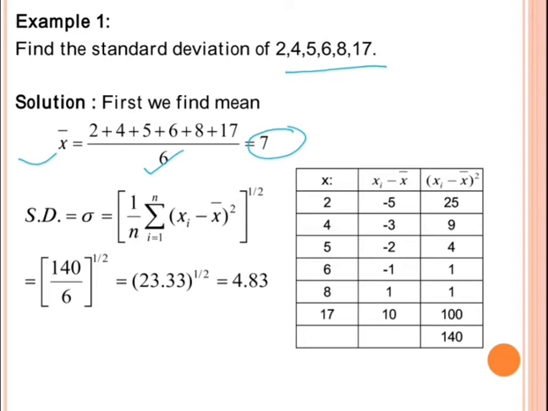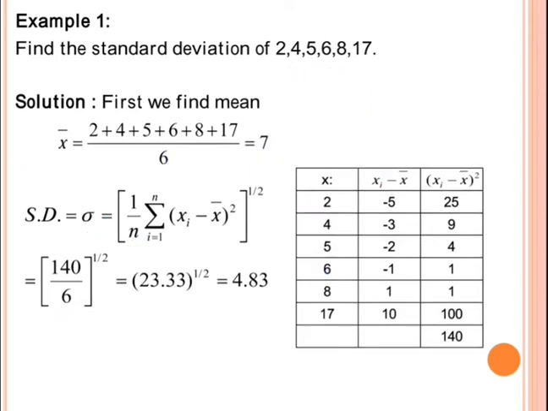Now the formula of standard deviation is sigma equal to 1 upon n, where n is the total number of observations, that is 6. Next we need xi minus x bar. So our xi that are given to us are the observations. Next column will be xi minus x bar.